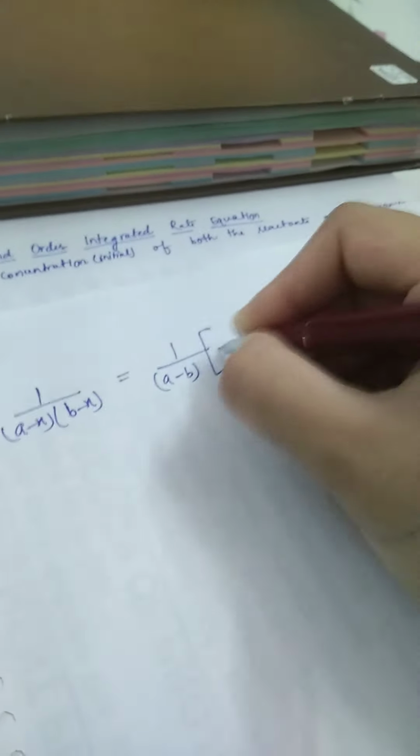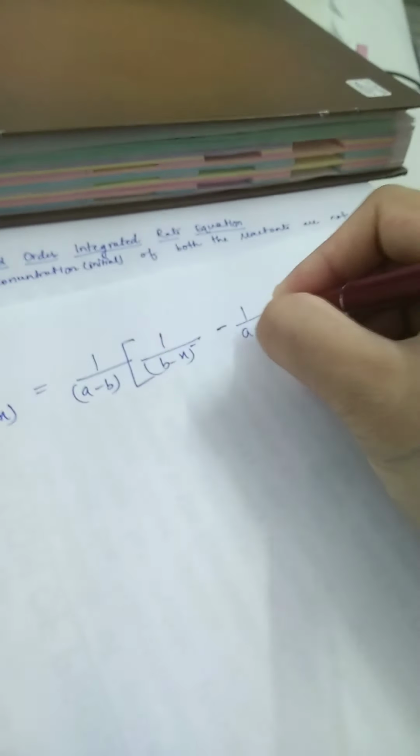So let's understand the mathematics behind it. What I have written is 1 upon (a minus x) into (b minus x) equal to 1 upon (a minus b) into [1 by (b minus x) minus 1 by (a minus x)].